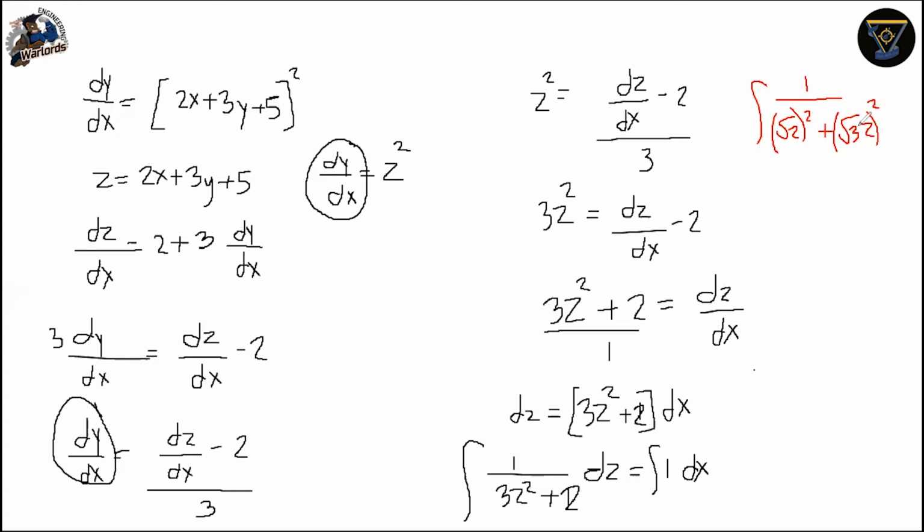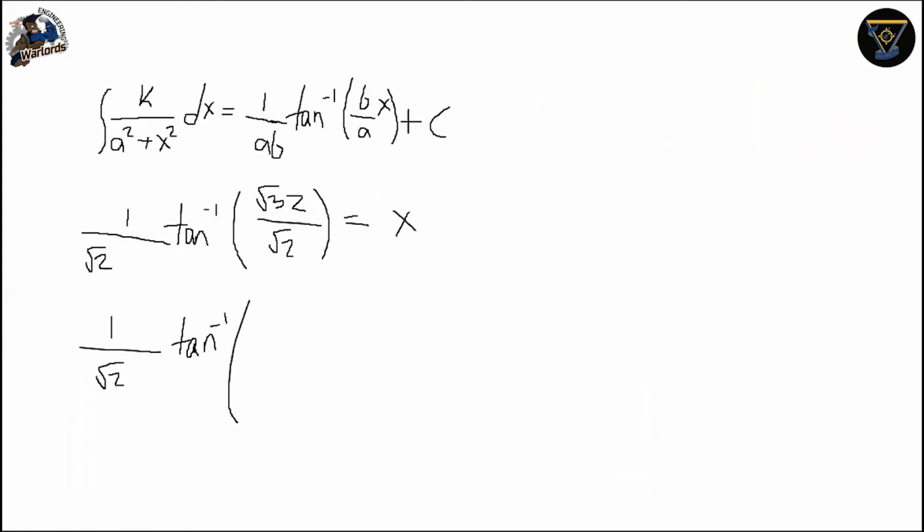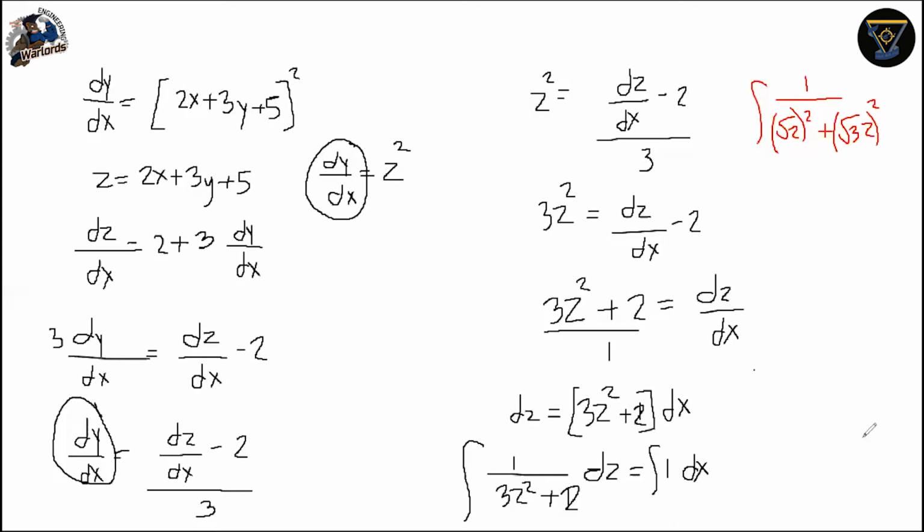Therefore, we could treat all of this as x. Clear? Yes, sir, I see it now. And then we said that z is equal to 2x plus 3y plus 5.